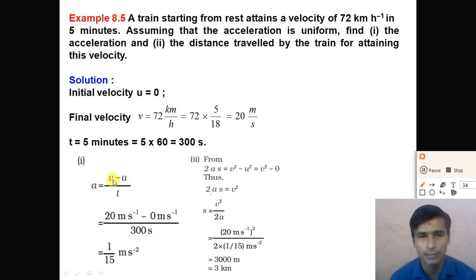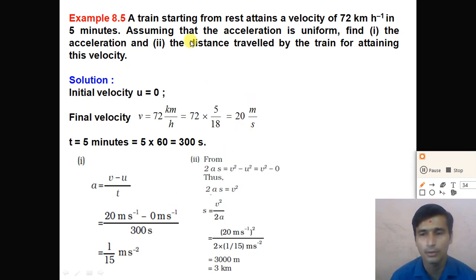Here v is 20 meter per second, u is 0, so 20 minus 0 divided by 300, we get the acceleration 1 divided by 15 meter per second square. Meter per second square is the unit of acceleration. You must write the unit of all physical quantities.